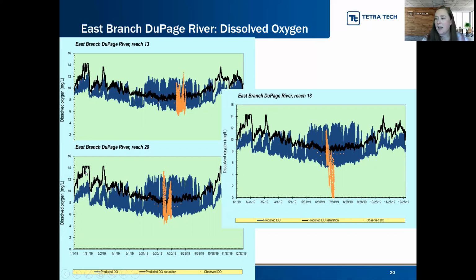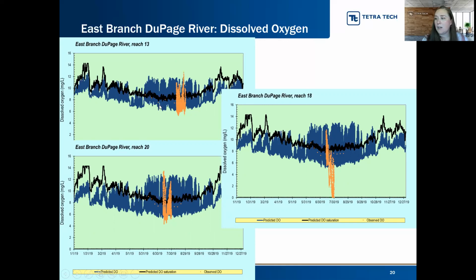So we would expect higher saturation in the wintertime. That's why we see this curve the way it is, because cold water can hold more oxygen, and that's why that saturation point is high. In the summer, we see a lower saturation point because it's hotter.